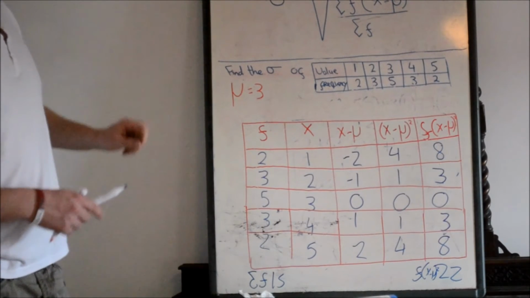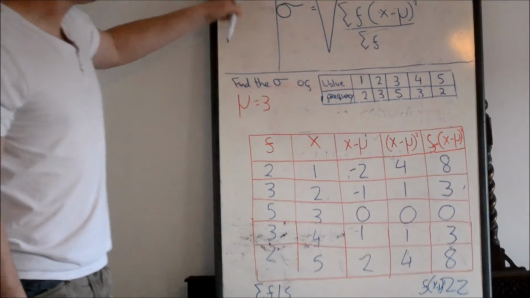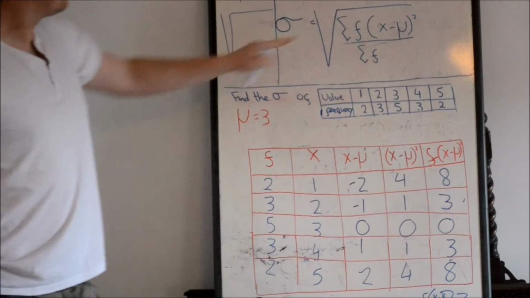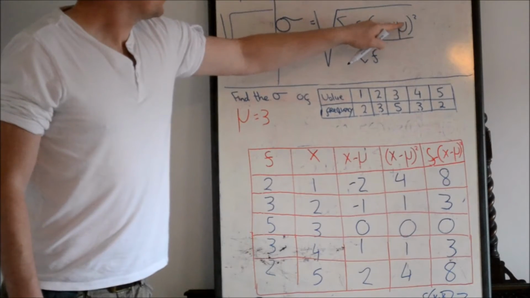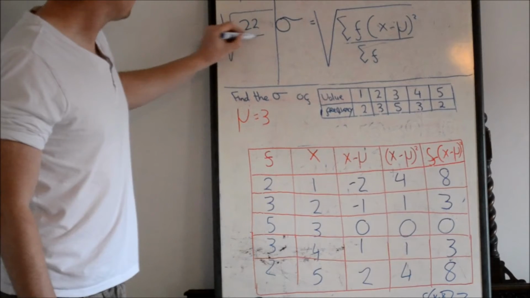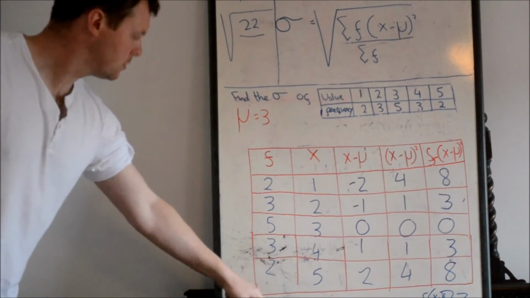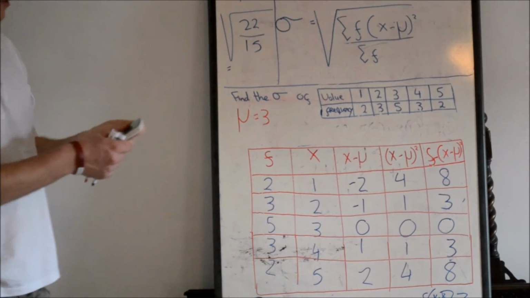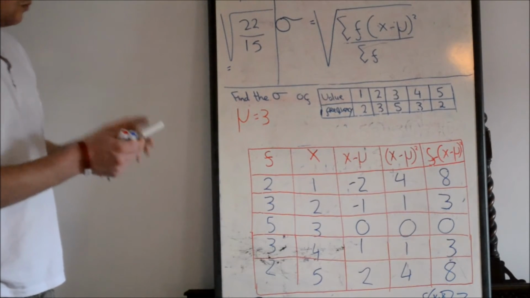Right, so again, running out of space, but if I can just use this bit here, because there's not much left to this. The square root of the sum of f times x minus the mean squared. We have that. It's 22. Sum of the frequencies, we have that: 15. 22 divided by 15 is 1.46.